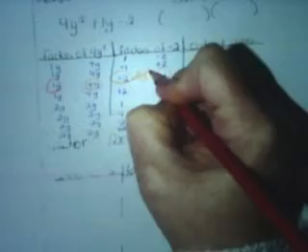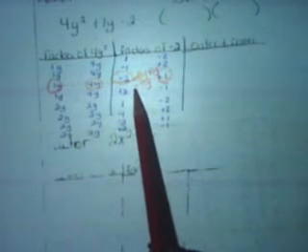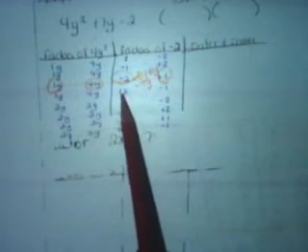I get negative 8y. When I check my outer, I get 1y times 1, which is 1y. So negative 8y plus 1y gives me negative 7y. I want positive 7y. So I know that's not it, but since I'm just off by a sign, I'm going to try this next one where the signs are just opposite.